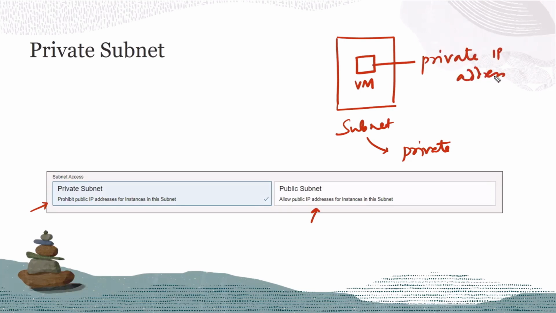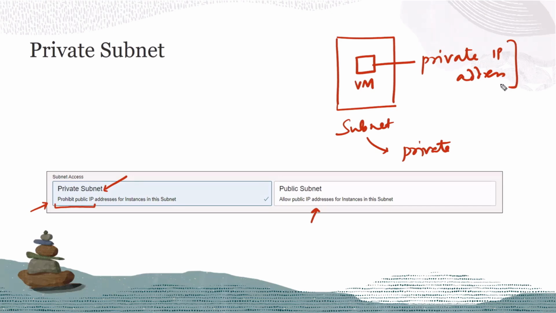So it will not have a public IP address. Why? Because the moment you create a private subnet, it is going to prohibit public IP addresses for the instances that are going to be created inside this subnet. So only private IP addresses.